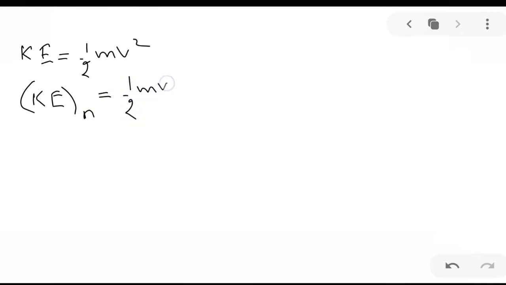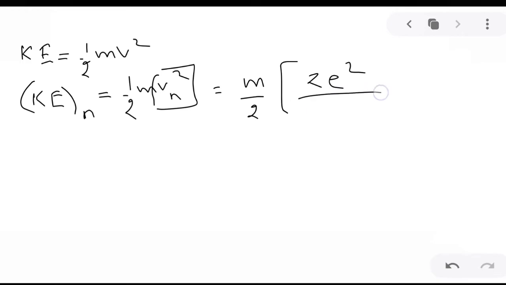First, let us see what is kinetic energy. Kinetic energy is half mv square. So for kinetic energy of the electron in nth orbit, this will be half m vn square. We have already calculated the value of this vn, so we just substitute that value. vn is ze square divided by 2nh epsilon naught.